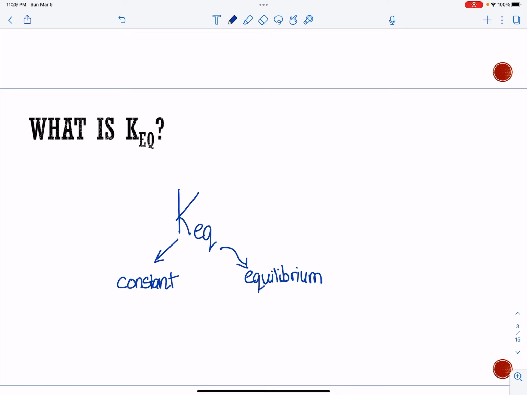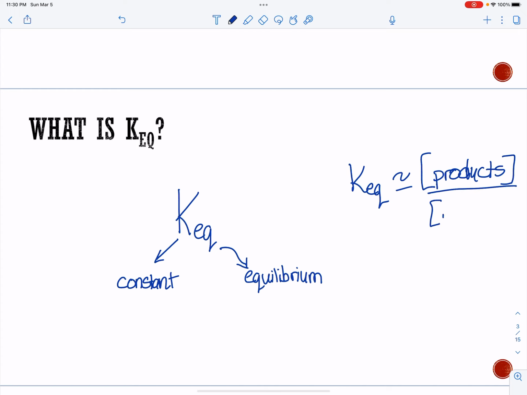When we talk about KEQs in chemistry class, or equilibrium constants, our equilibrium constants are going to be approximately equal to the concentration of products over our concentration of reactants. So it's a ratio.